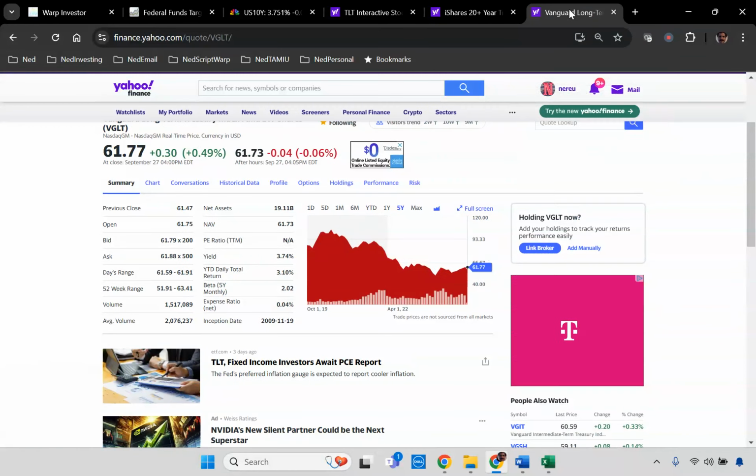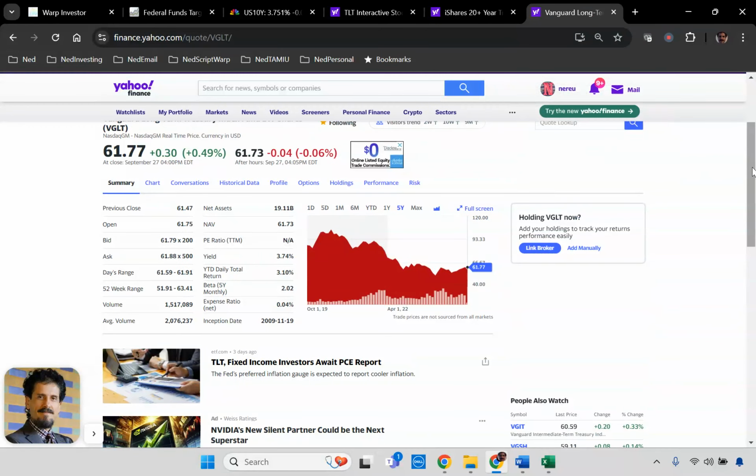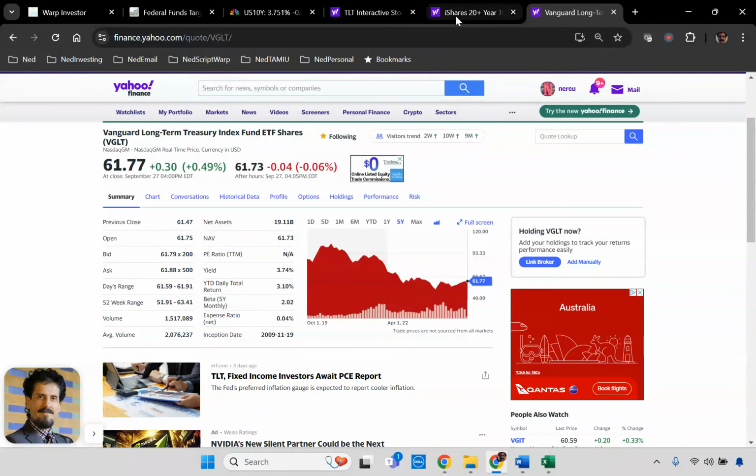Now, if you go to the VGLT, which is the equivalent, you can see the graphs are very similar. The VGLT is a Vanguard ETF that also tracks long treasuries like the TLT, but it has a much lower cost. So the expense ratio is 0.04.